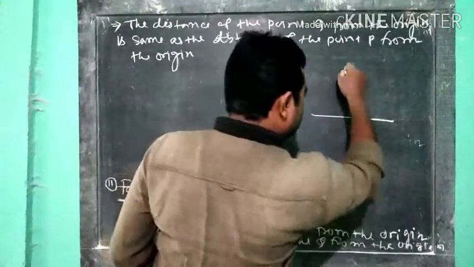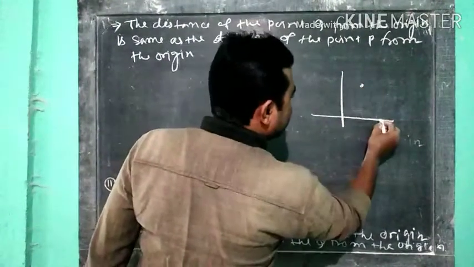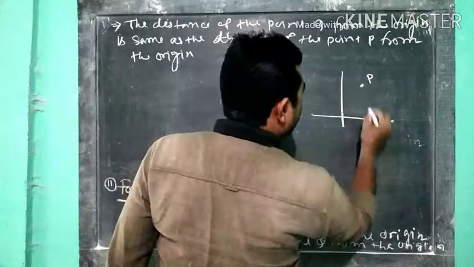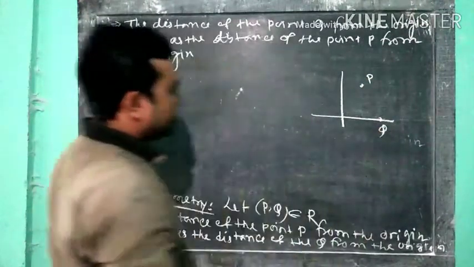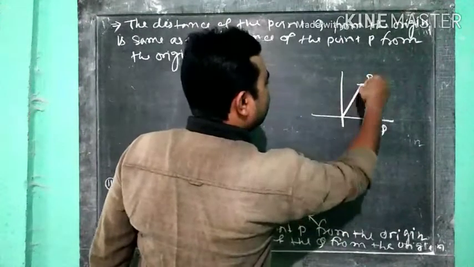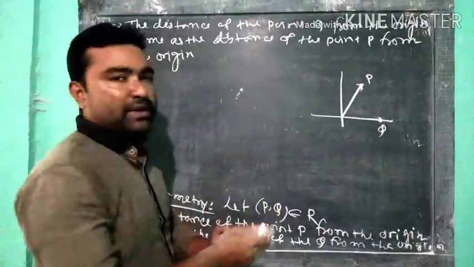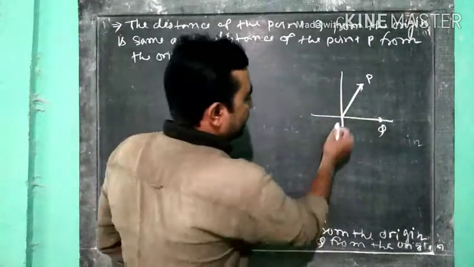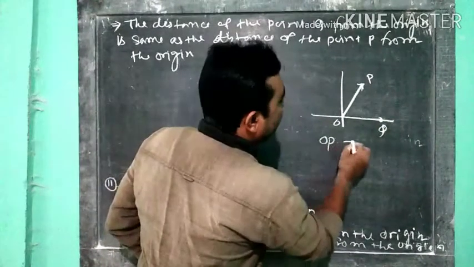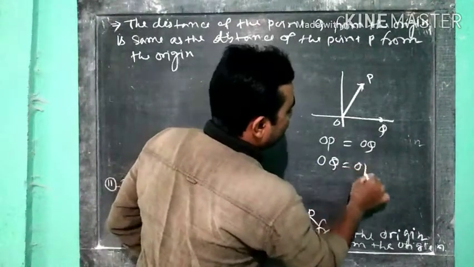Suppose this is the xy plane, then this is a P point and this is the Q point. Here it is said that the distance of the point P from the origin and the distance of the point Q from the origin are the same. Then we can say that if OP equals OQ, then we can also write OQ equals OP.